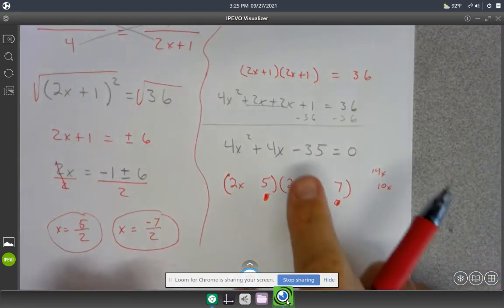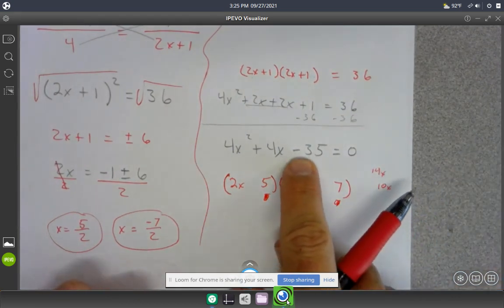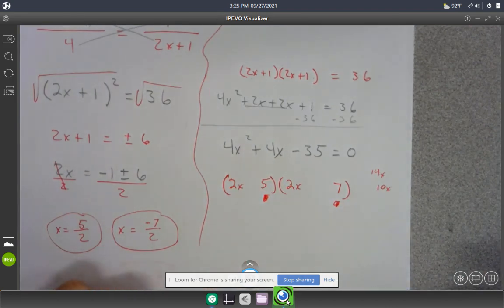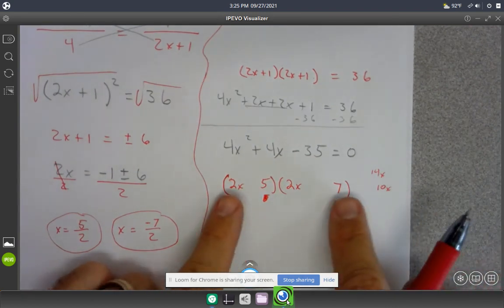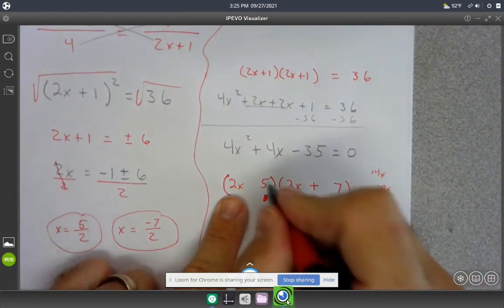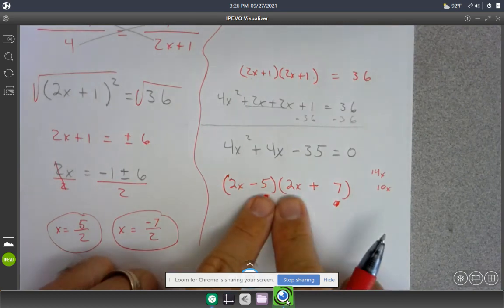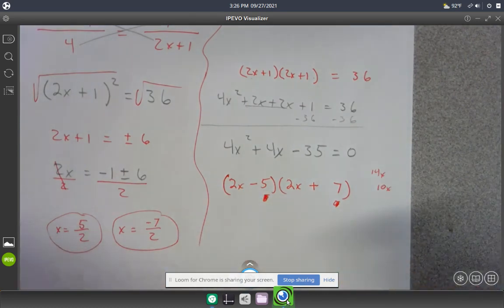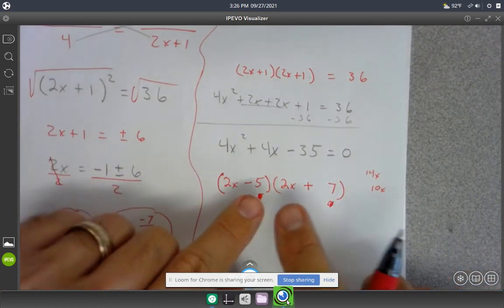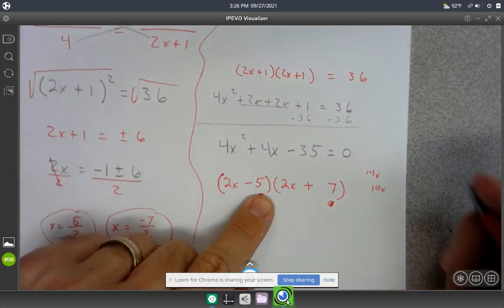They're different signs, and the bigger one's positive. It's going to end up being the 14 needs to be positive, and the 10 needs to be negative. So if you actually double check this out, this will be 14x and negative 10x.